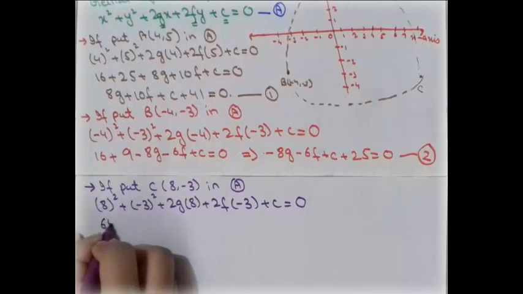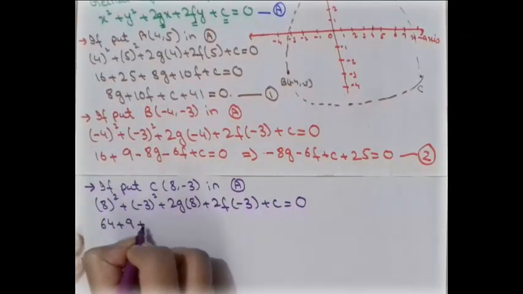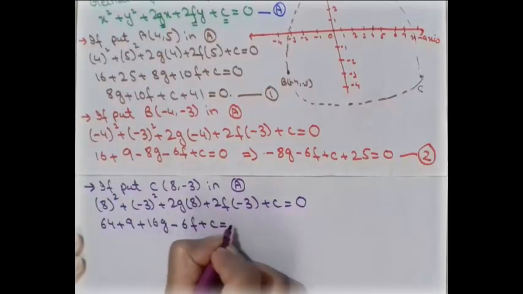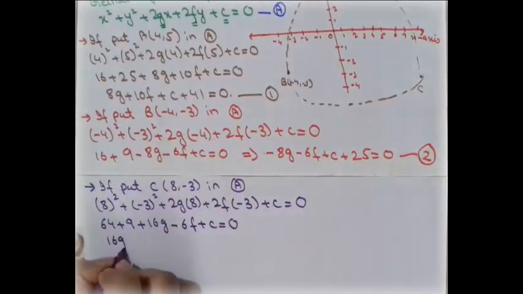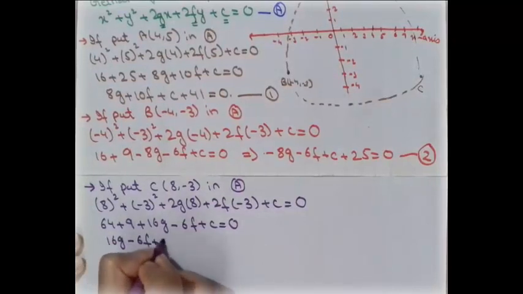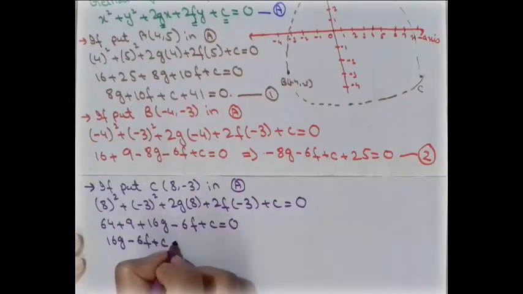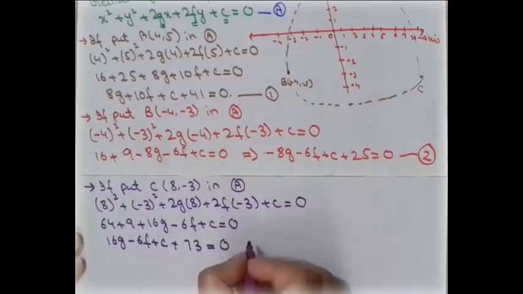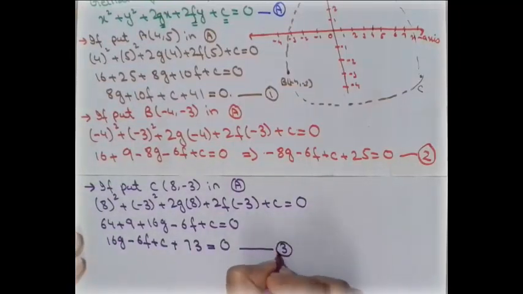So it will be 64 plus 9 plus 16g minus 6f plus c equals 0. Adding these two numbers gives 73, so 16g minus 6f plus c plus 73 equals 0. We call this equation 3.